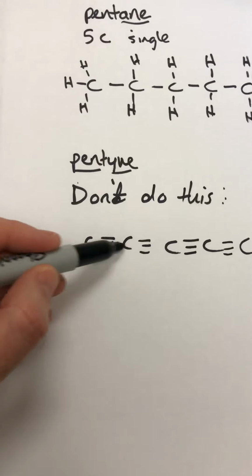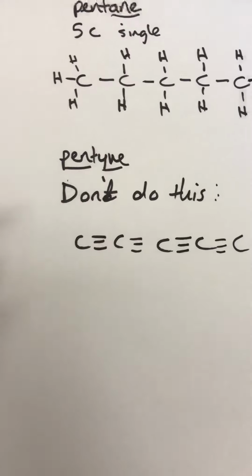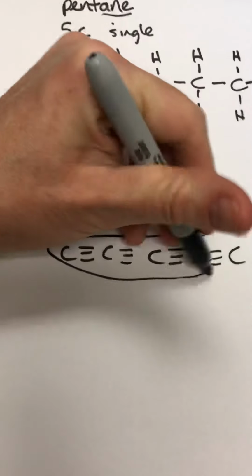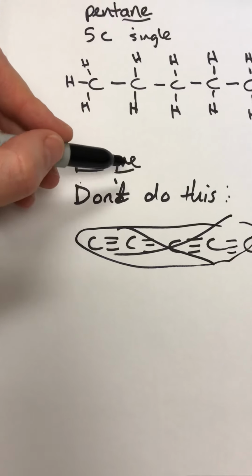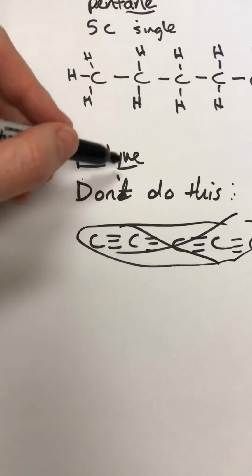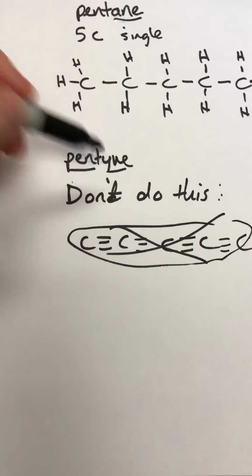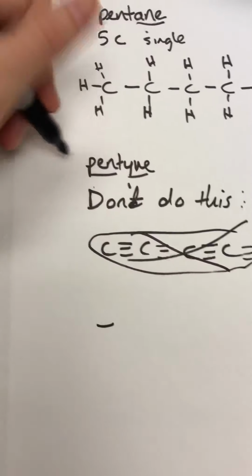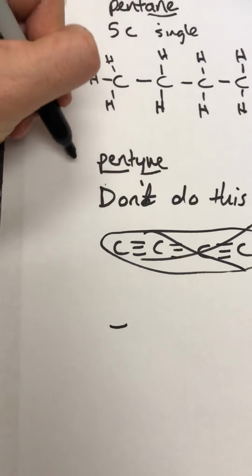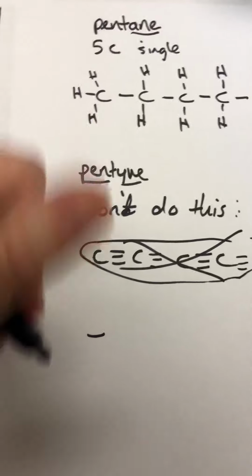Because if you do that, this carbon alone has 1, 2, 3, 4, 5, 6, and we only know it wants 4. So this is not the structure of pentyne. Instead, when it's anything other than ane, what we have to do is specify the specific place where that bond is taking place. Let me give you an example. So pentyne would have to be either 1-pentyne, 2-pentyne, or actually that's all you could do. And let me tell you why.